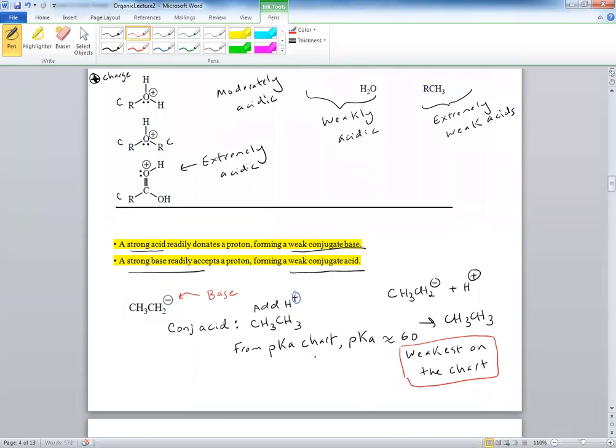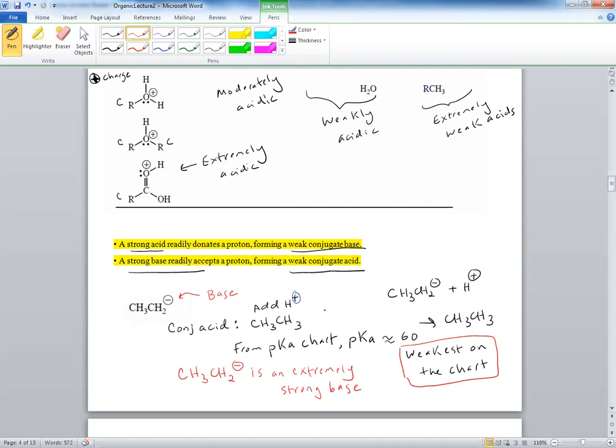That means that if we have a weak acid, then we must have a strong base. So therefore, CH3CH2 minus is an extremely strong base.